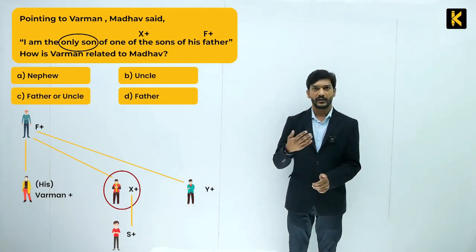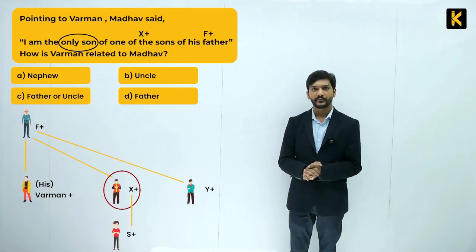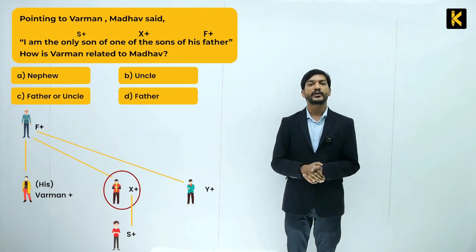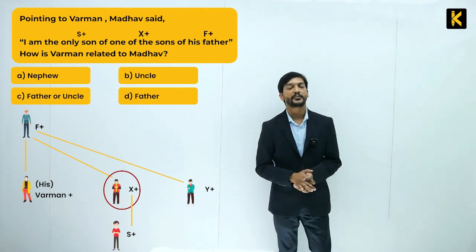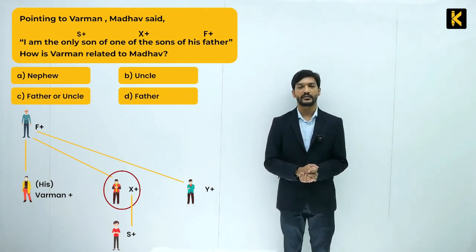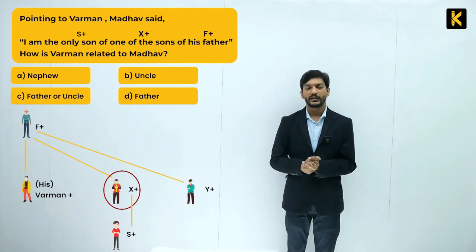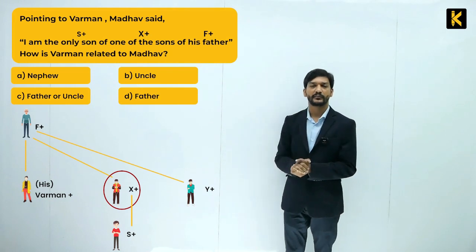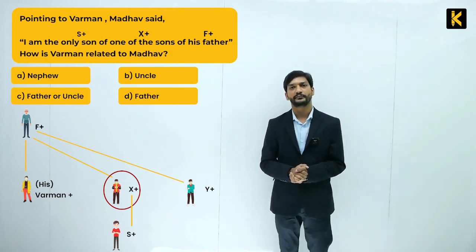Now, read further please. Only son I have taken, so let me show this as well. That only son in the diagram is represented by S plus. Now, go back please. You will read it like this. I am the only son.